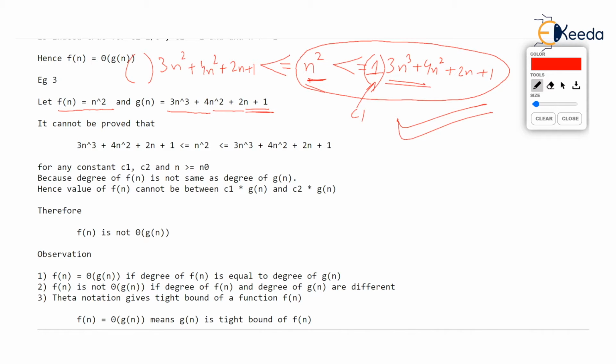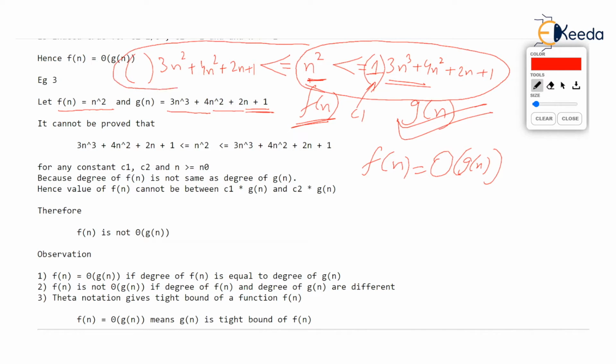So definitely Fn, that is n square, will be less than or equal to Gn. This can be proved. That is, Fn is O of Gn can be proved with constant equal to 1. But is this part which I am now marking possible?